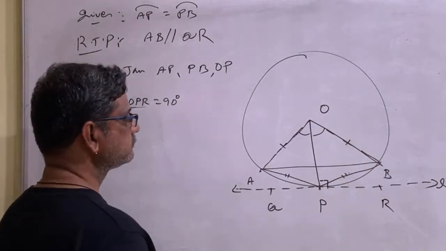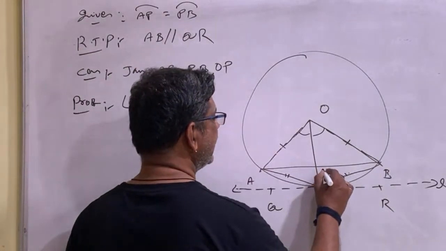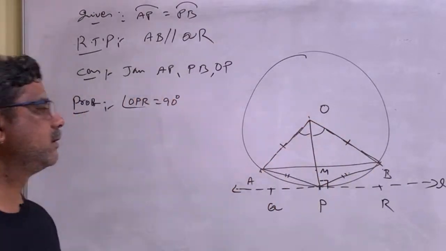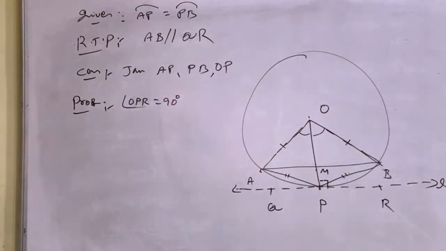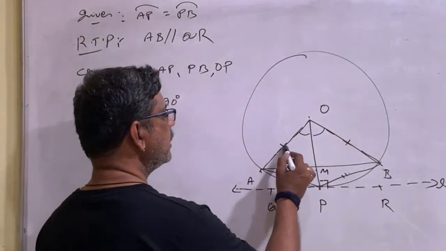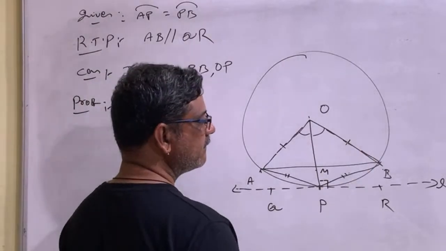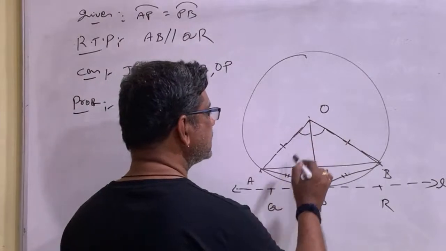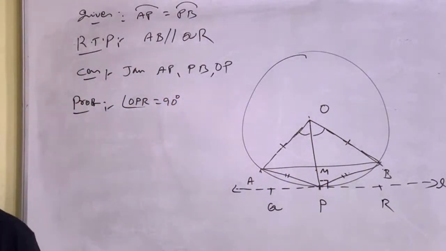Now consider triangle AOM and BOM. Again, OA is equal to OB, OM is common side, and these two angles are equal. SAS congruency.